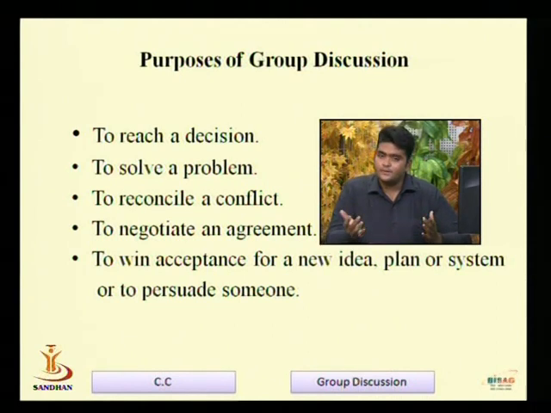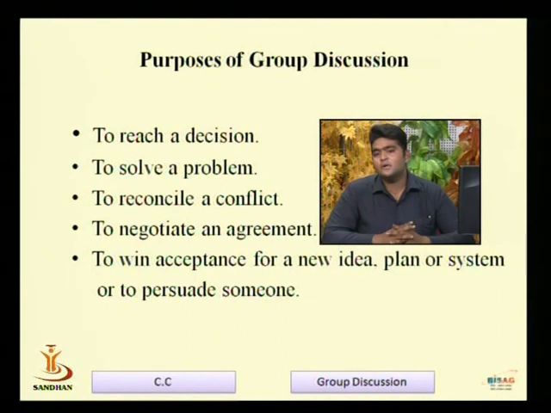If you sit together and you negotiate that you are not happy with these terms, you are not happy with these points, then you talk about it, that I am not happy with this, I want to have it in this way. So that can also be a kind of negotiation, and it becomes one of the important purposes of group discussion.